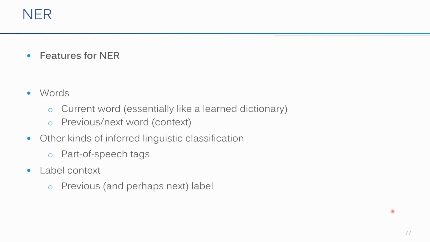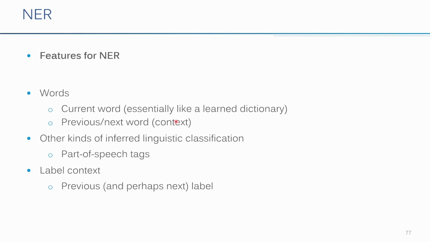So what are pretty much the features that we have for named entity recognition? We have words: the current word, which is essentially like a dictionary that we have, and then the previous and the next word that we can use as context.